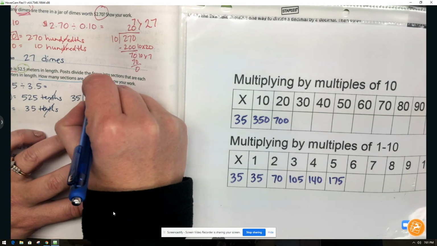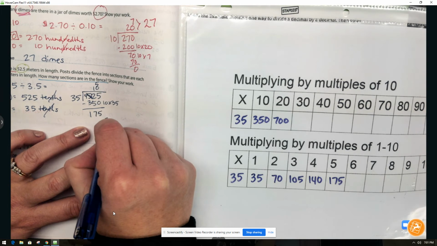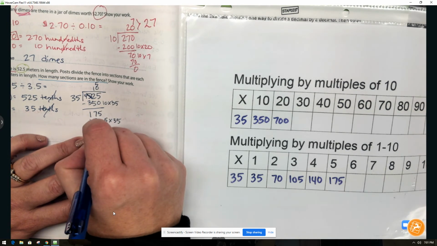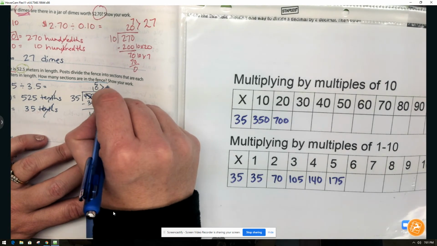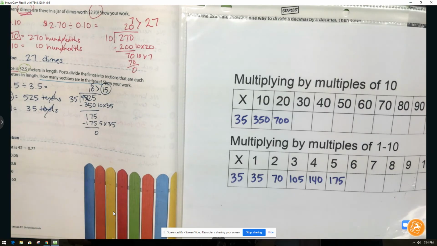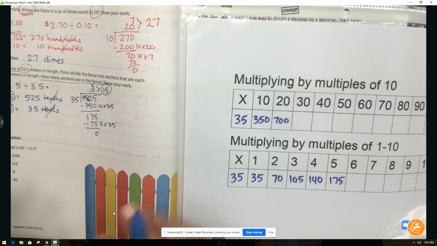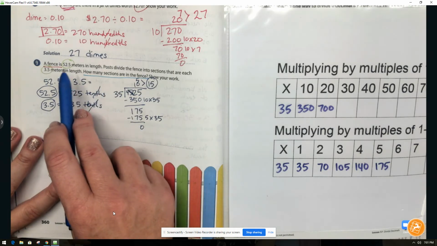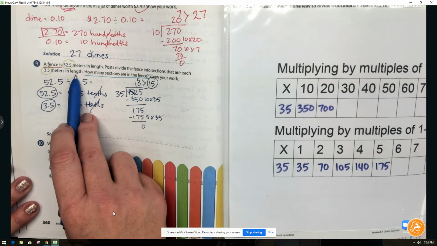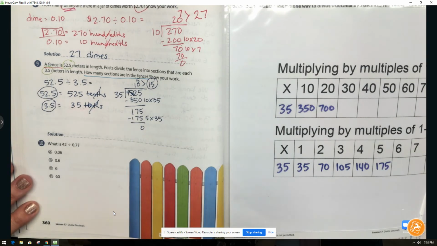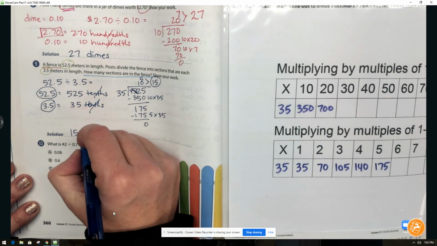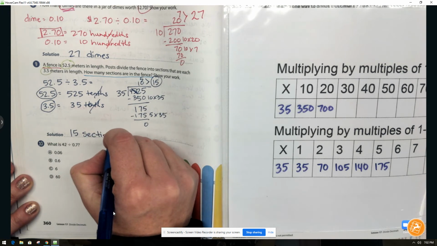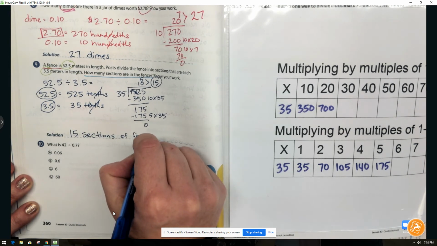So my next partial quotient is 5, because 5 times 35 equals 175. 175 minus 175 is 0. Add together my two partial quotients. My final quotient is 15. So if the fence is 52.5 meters long, and each section is 3 5/10 of a meter, or 3.5 meters long, we are going to have 15 sections of fence.